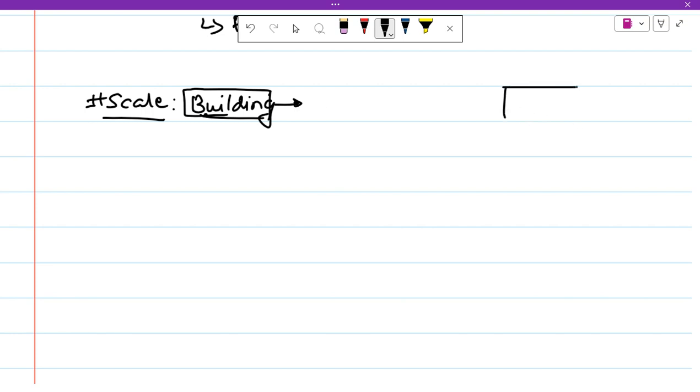If we are drawing in A3, we have to scale down the building. Scale down means if it is of 100-meter height, we have to accommodate it into, let's say, 100 mm. So this is scaling down, and this is also known as reducing scale.